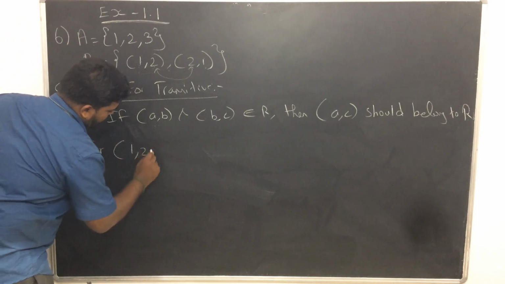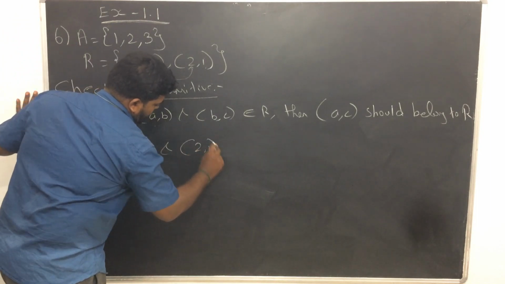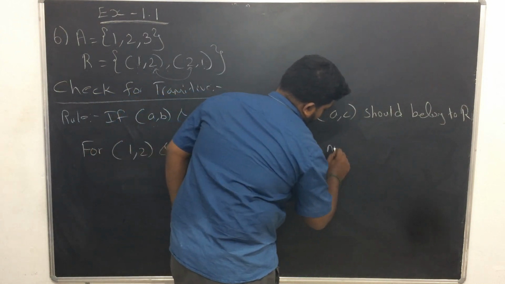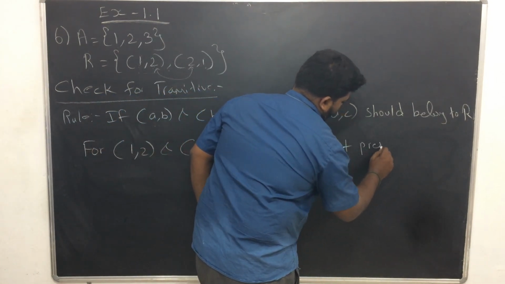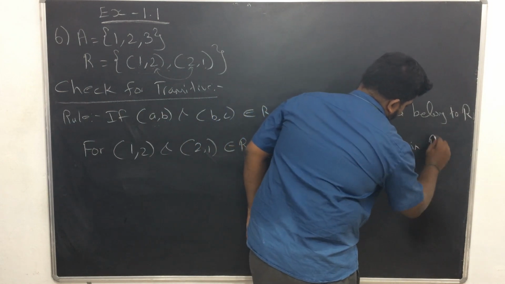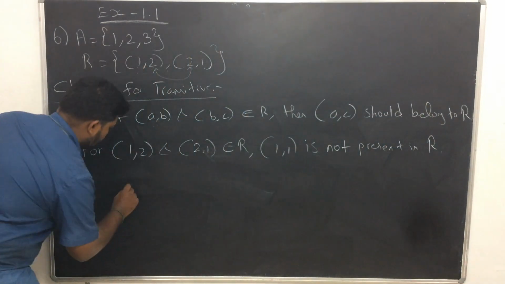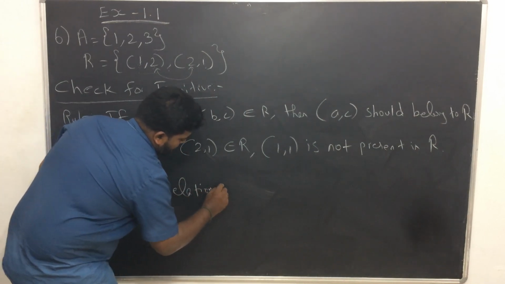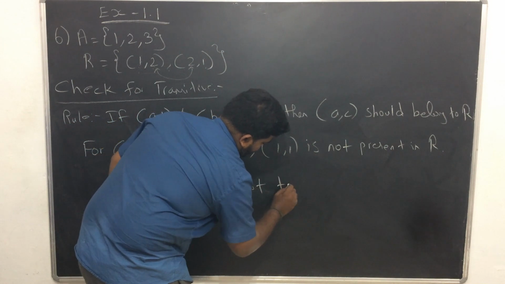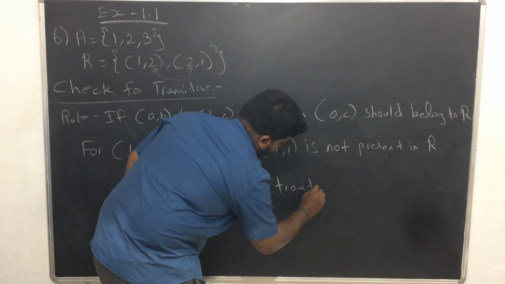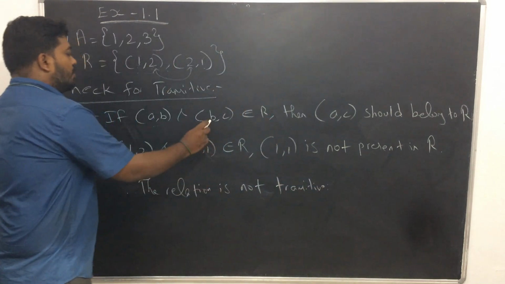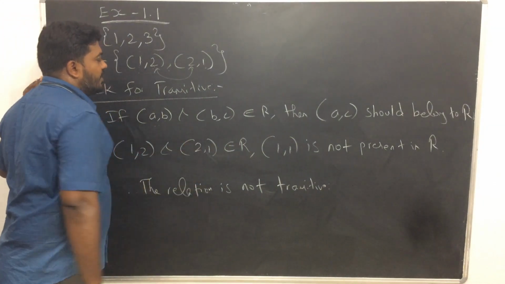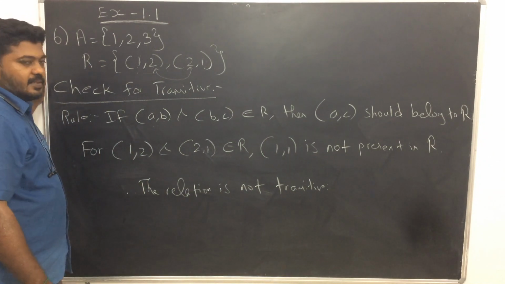For (1, 2) and (2, 1) belonging to R, (1, 1) is not present in R. Therefore, the relation is not transitive. So we have proved. Now what we have done, we have proved that this relation is only symmetric but neither reflexive nor transitive.